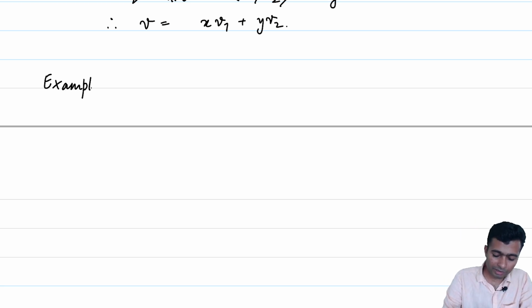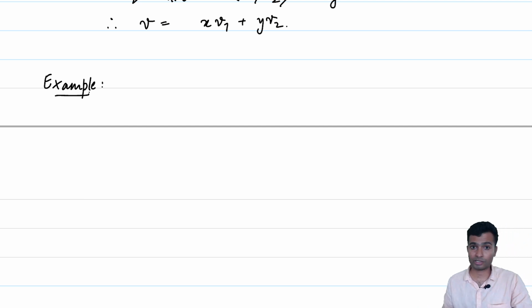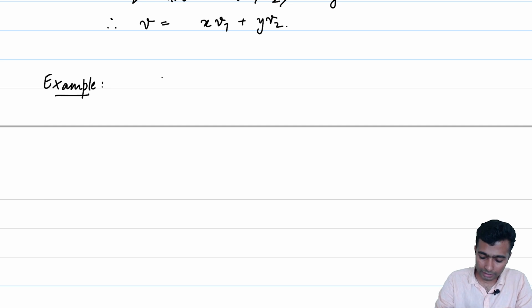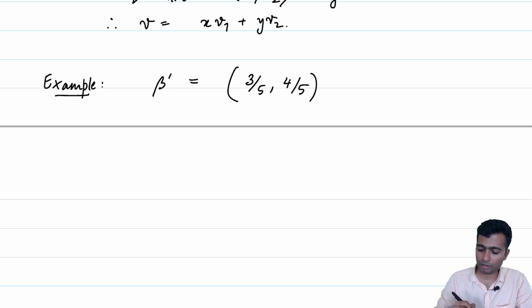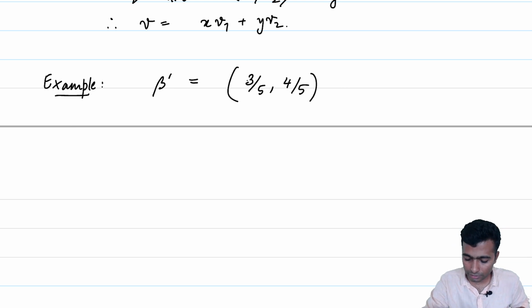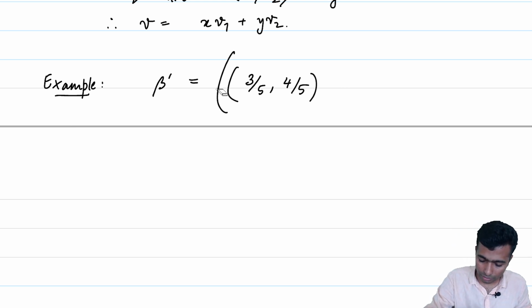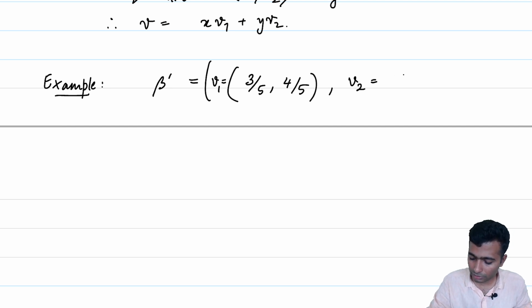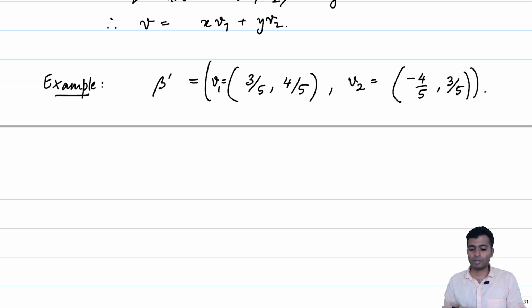And let's look at something which is more complicated. This was quite straightforward. So let's look at another example where say beta prime is something like (3/5, 4/5), like we were considering earlier. Let's call this v1, and v2 is (-4/5, 3/5).